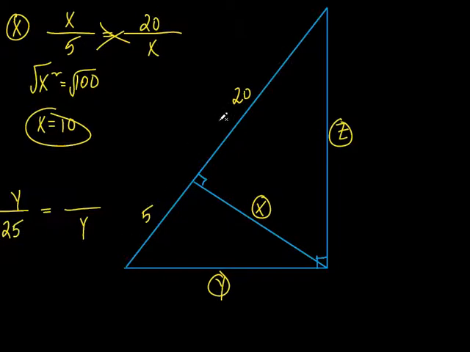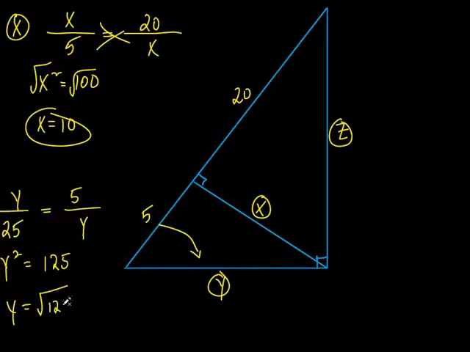Just added those two up. And the segment that's closest to the Y, which is 5. So Y squared equals 125. This does simplify, but I'm letting you just keep it as the square root of 125. You can just keep it like that if you like. It's pretty easy, isn't it?